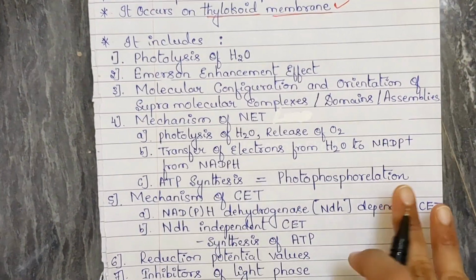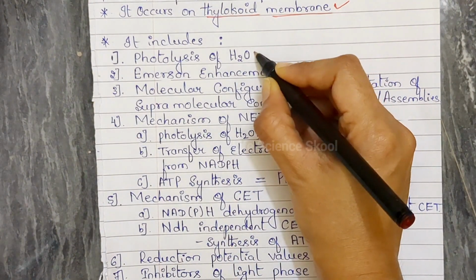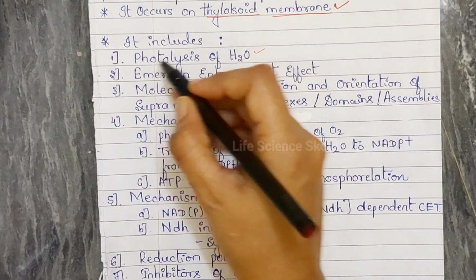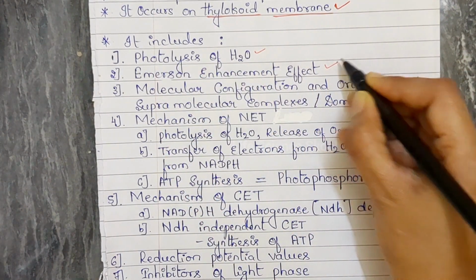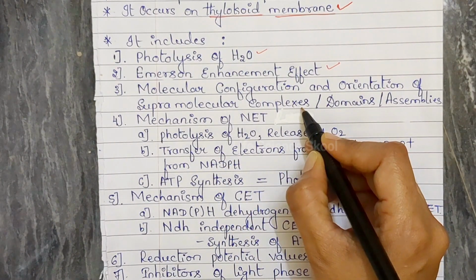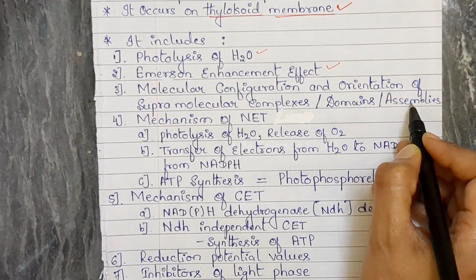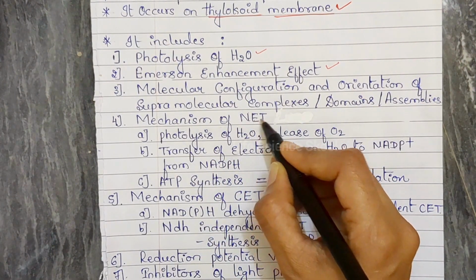Now moving on to the steps included in the light phase. First one, photolysis of water. Second one, emersion enhancement effect. Third one, molecular configuration and orientation of supramolecular complexes, or you can say domains or assemblies. And fourth one, mechanism of NET, non-cyclic electron transport.